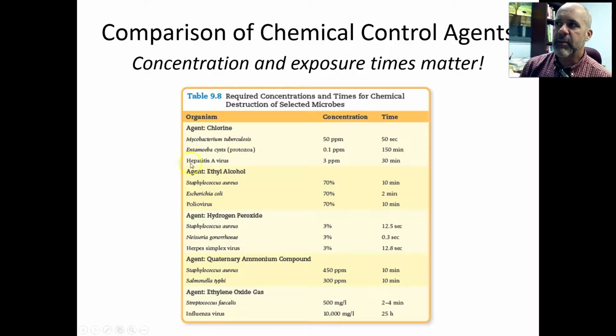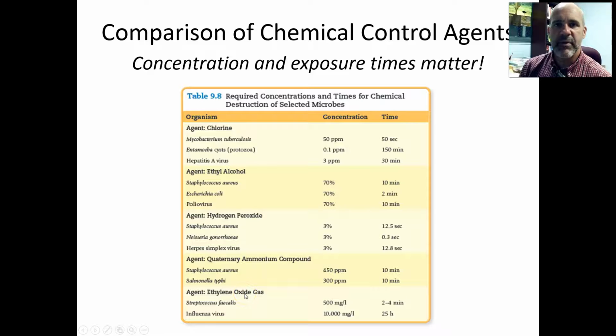All right, and again, this is table 9.8 from your textbook, which is emphasizing for you that concentrations and exposure times matter. So they're showing you some different chemical agents like chlorine, ethyl alcohol, that's ethanol, hydrogen peroxide, quaternary ammonium compounds. We'll talk a little bit more about those shortly.